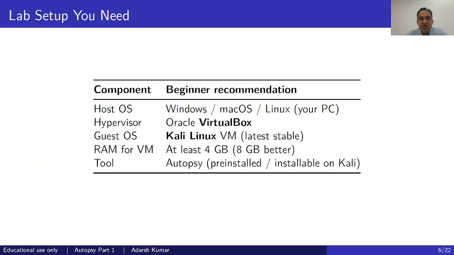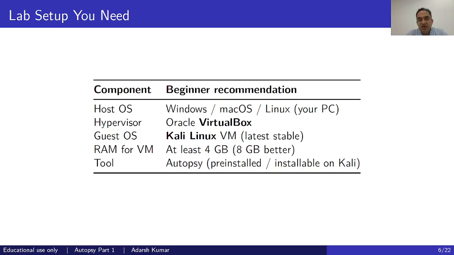Before the practical starts, make sure your lab setup is ready. On your host computer, whether Windows, macOS, or Linux, install Oracle VirtualBox. Inside VirtualBox, use a Kali Linux virtual machine, preferably a recent stable version. Give the virtual machine at least 4 gigabytes of RAM, 8 gigabytes is better if your host machine can afford it, because forensic tools can be heavy.